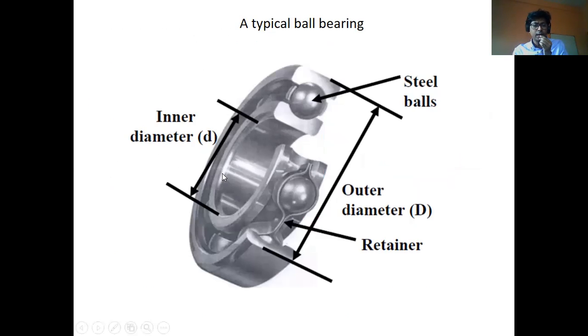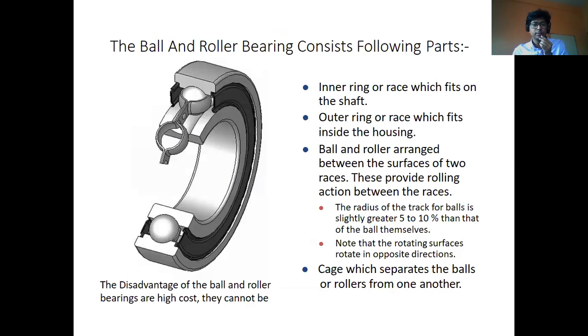This is the inner diameter, where the shaft is placed, and this is the outer diameter of the bearing, and this retainer is placed to hold the balls in a perfect place so that there is no misalignment of the bearing.